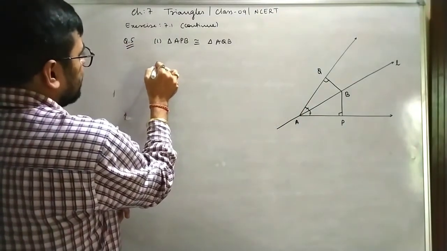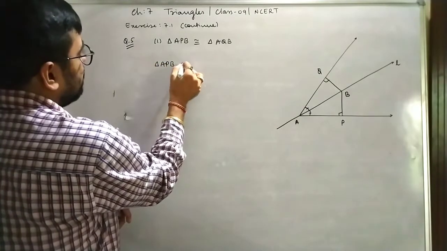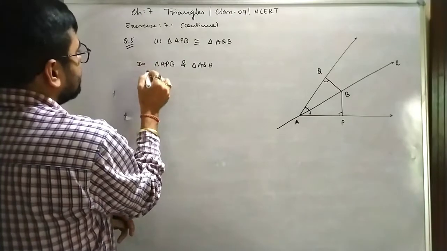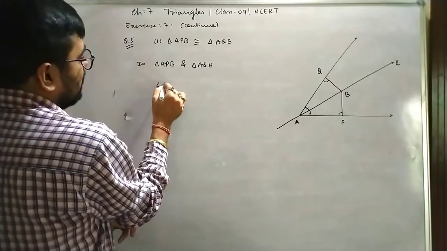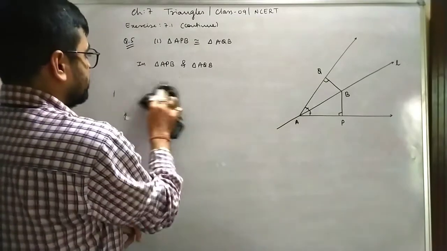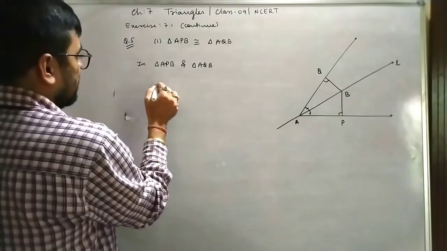So let's say in triangle APB and triangle AQB, in these triangles, angle QAB, okay, let me write PAB first because we are looking at this triangle first.